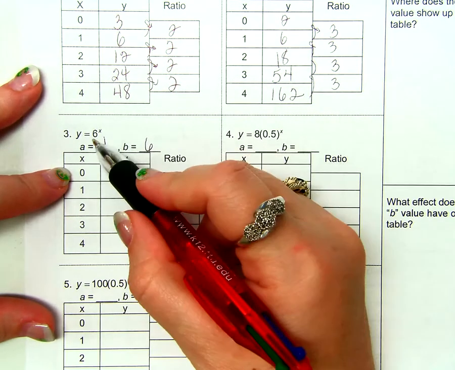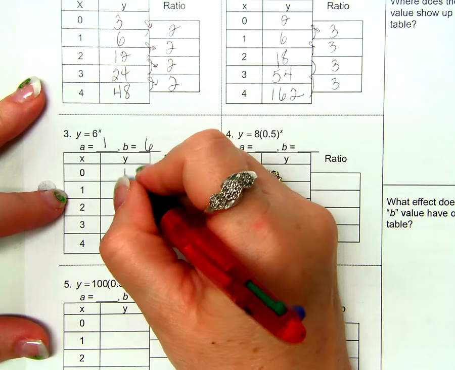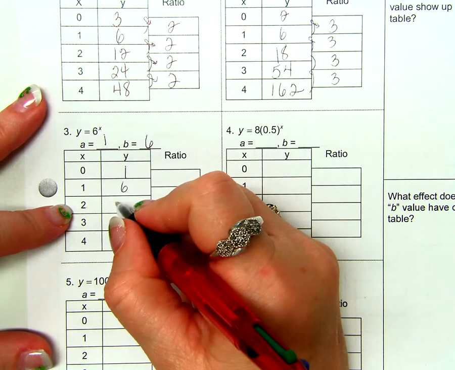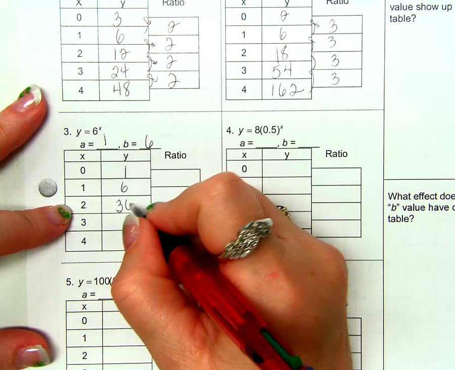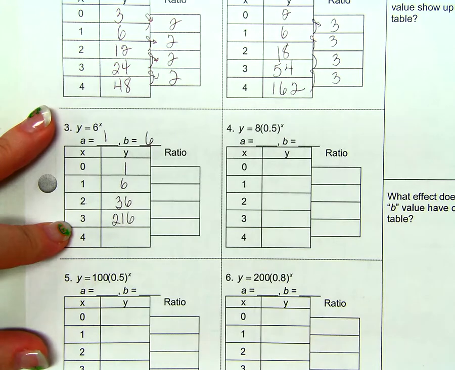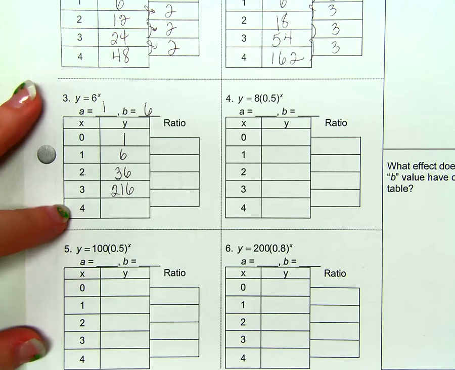Okay, so 6 to the 0 power. 1. 6 to the first power. 6. 6 to the second power. 36. 6 to the third power. 216. 6 to the fourth power. 1296.